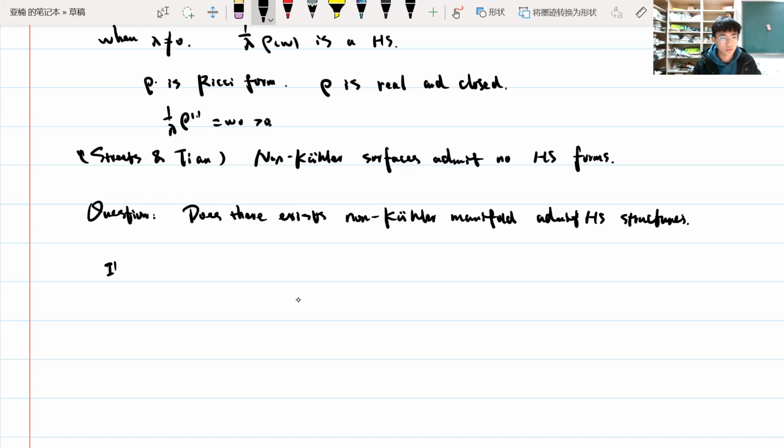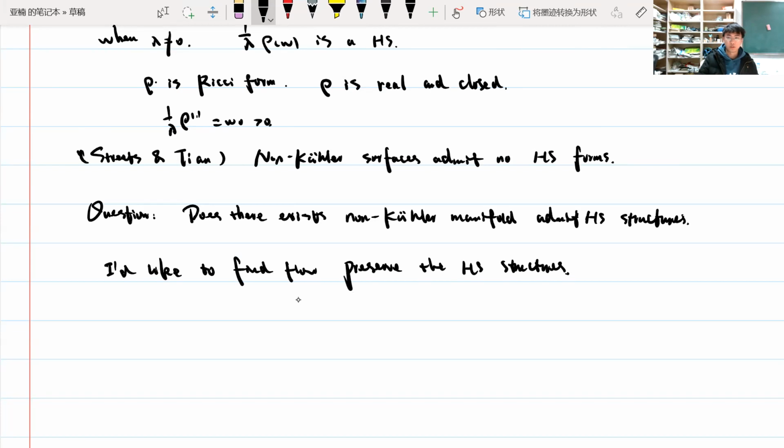I'd like to find a flow that preserves, and I hope the Hermitian symplectic form deformed along this flow may deform to a Kähler form. So this may be a way to answer the question asked by Streets and Tian.